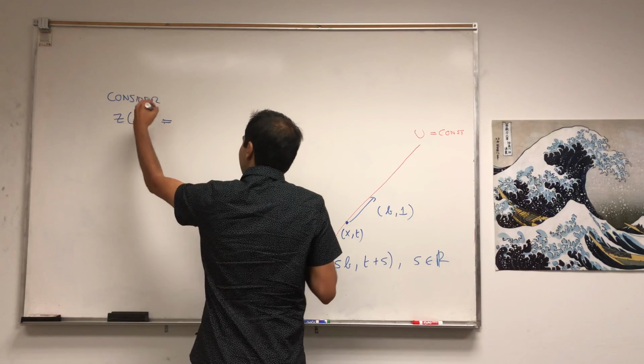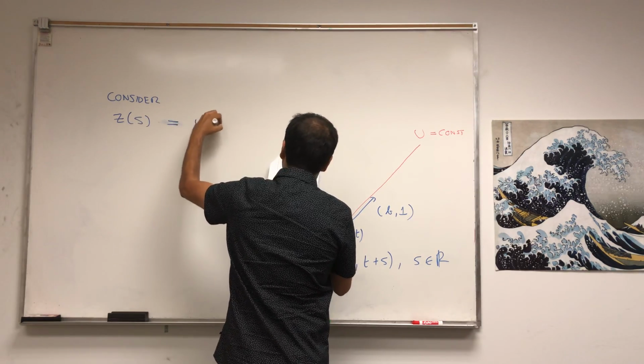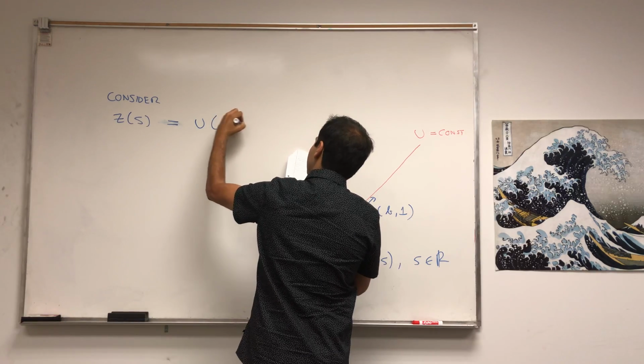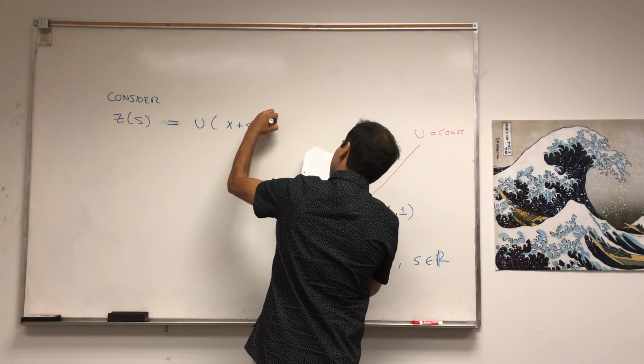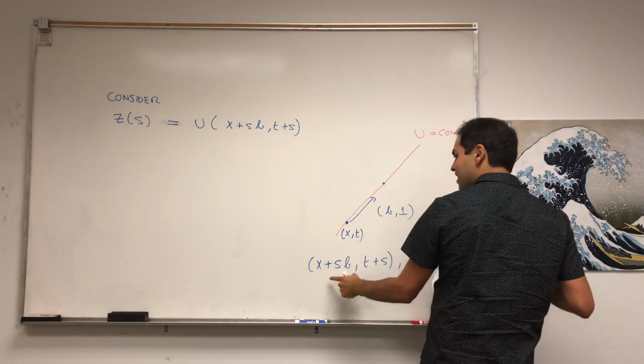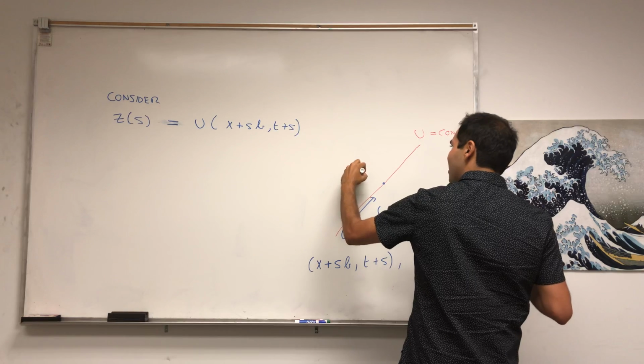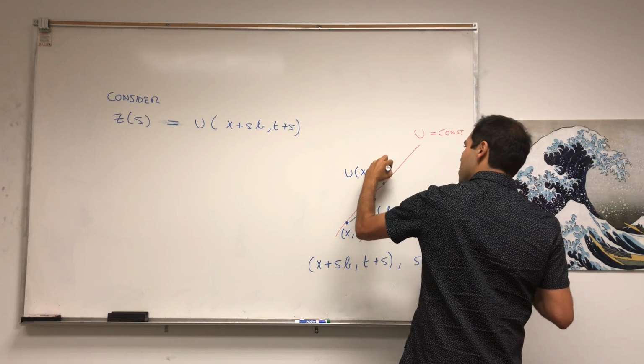So, z of s is equal to u of x plus sb, t plus s. So again, the line is given by this, and we want to calculate the values of u on that line.